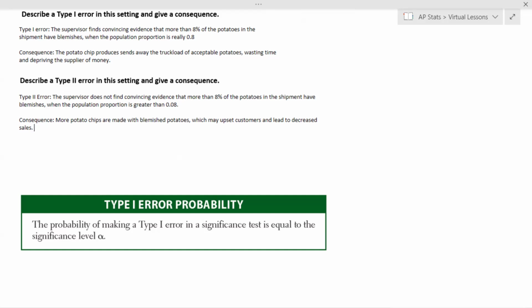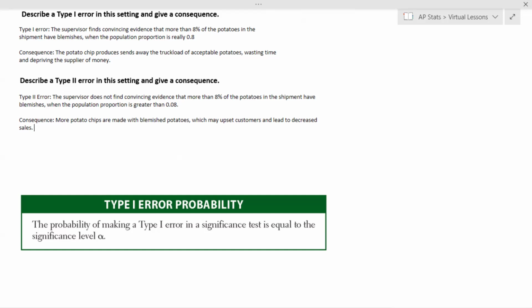Now, we can decrease this probability by using a smaller significance level. For example, he could use 0.01 instead of 0.05, but the trade-off is there is a relationship between the probability of a type 1 error and a type 2 error. As one increases, the other decreases, assuming everything else stays the same.